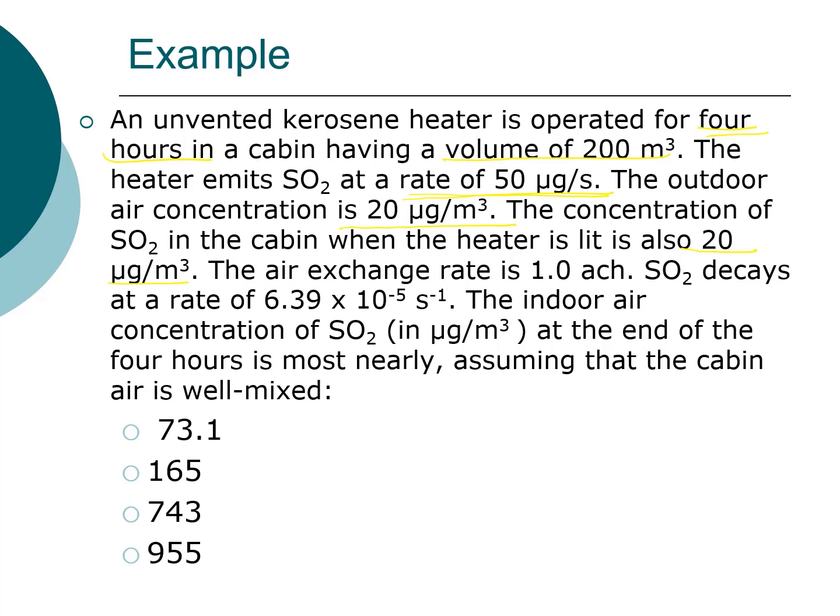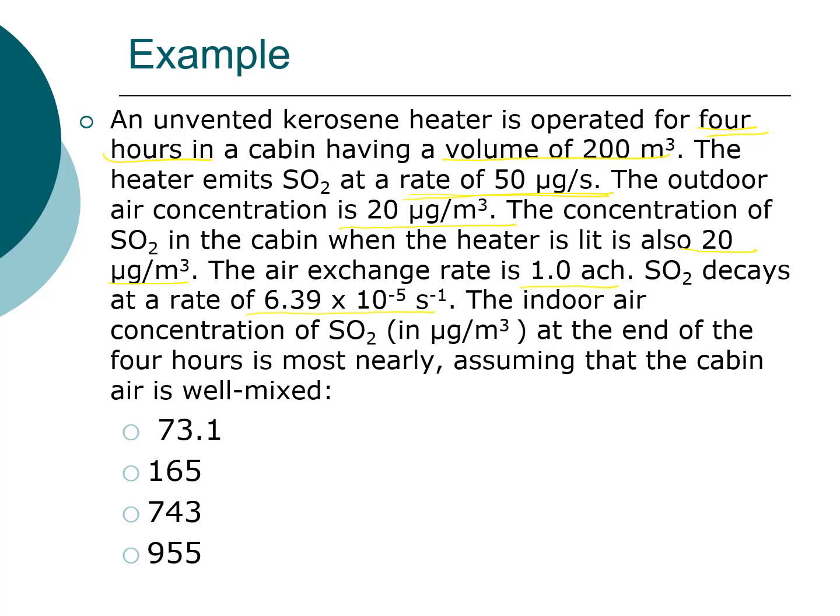So that's what I just mentioned, that we're assuming that the initial concentration is the same as the outdoor air concentration. You're told that the air exchange rate is 1 air change per hour. You could, in one of these problems, be told something about the configuration in the room, in which case you'd have to look up the air exchange rate.